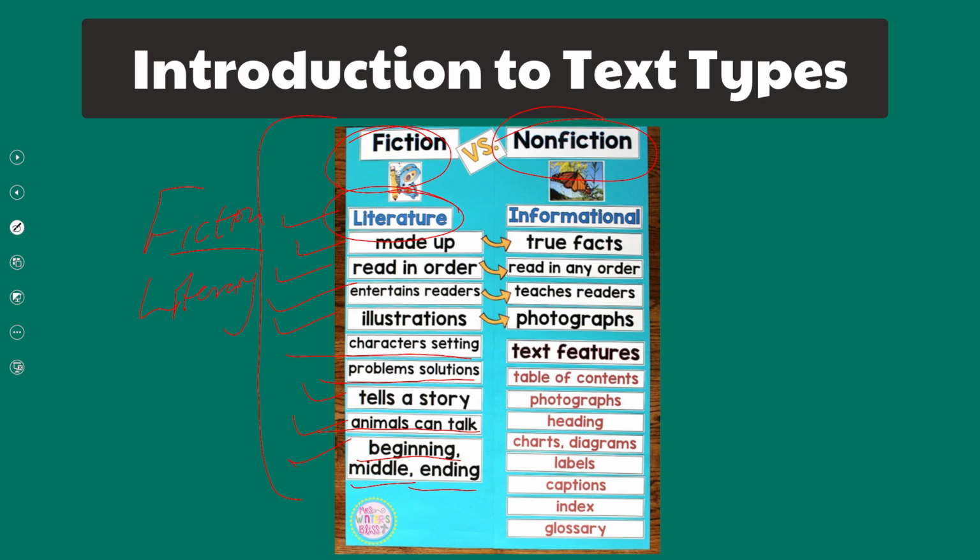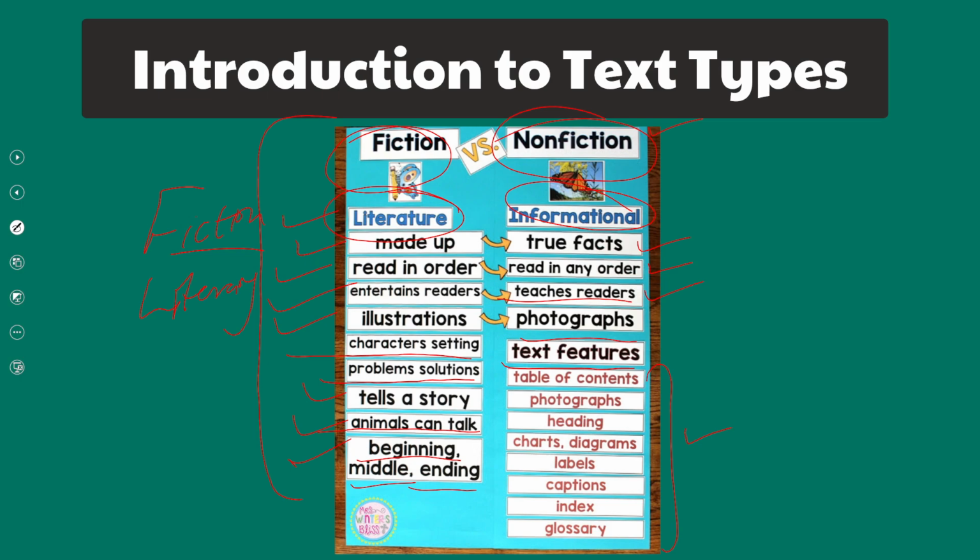On the other hand, non-fiction texts give you information. So it has facts. You can read them in any order because it is not a story. It teaches you about so many things, about how things work, gives you information, reports. They include articles, they have real-time photographs, and these are the features of such non-fiction texts.